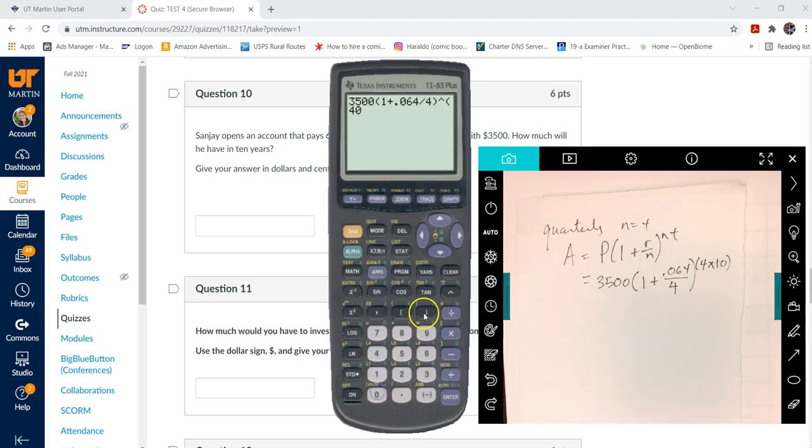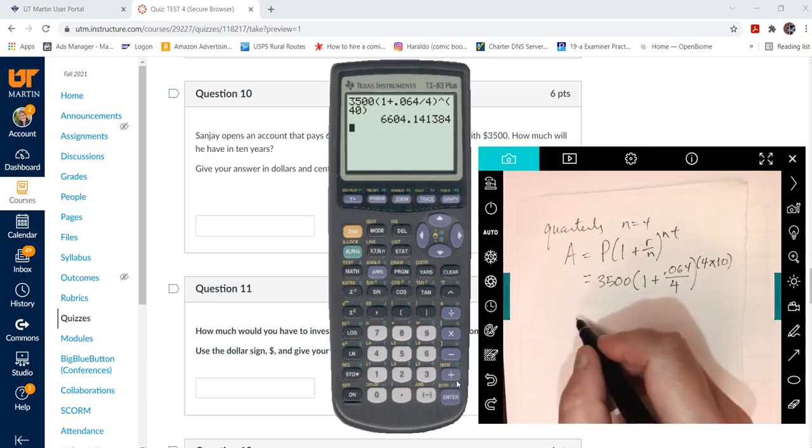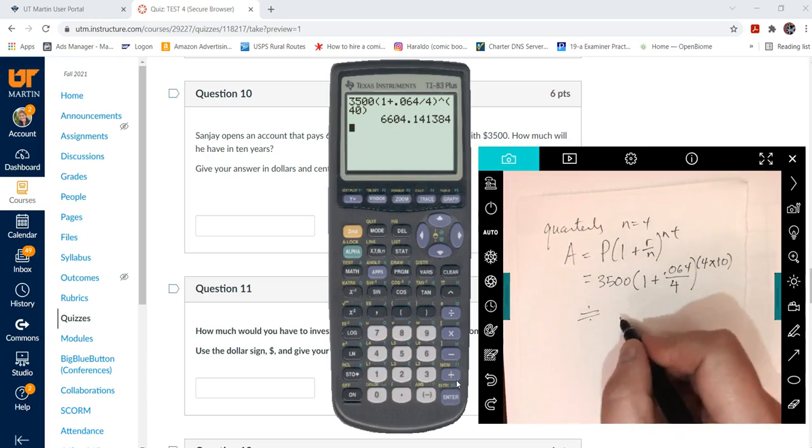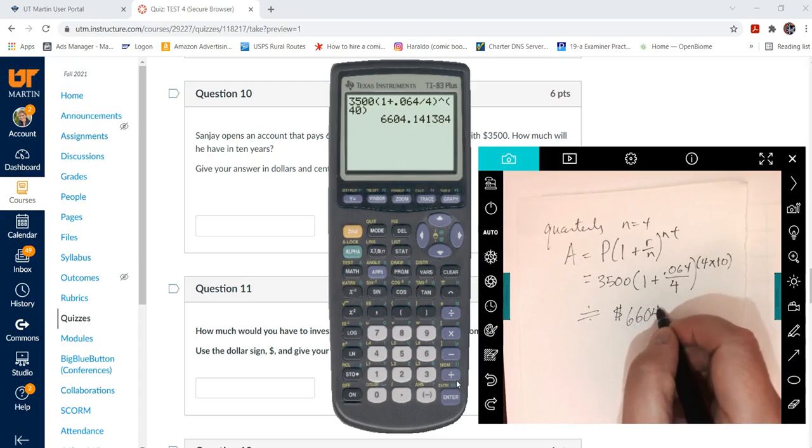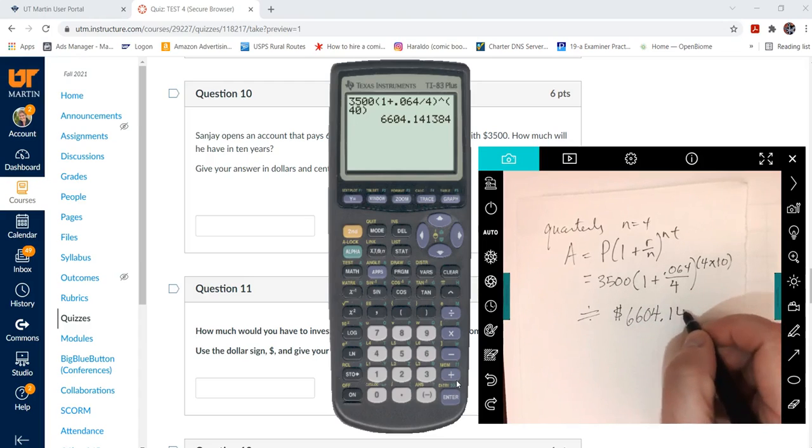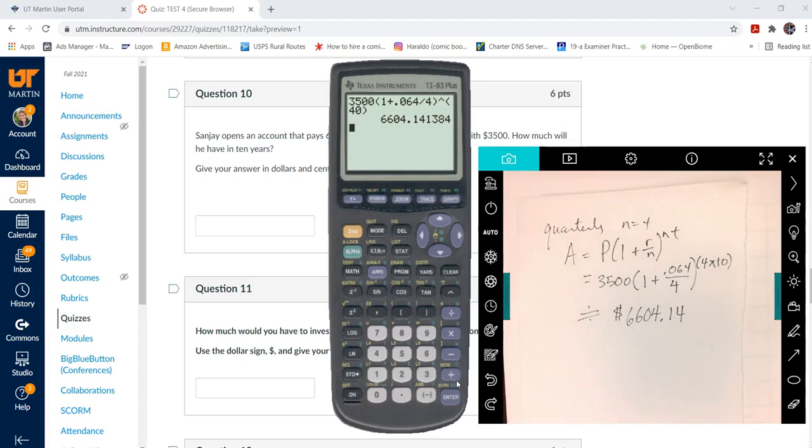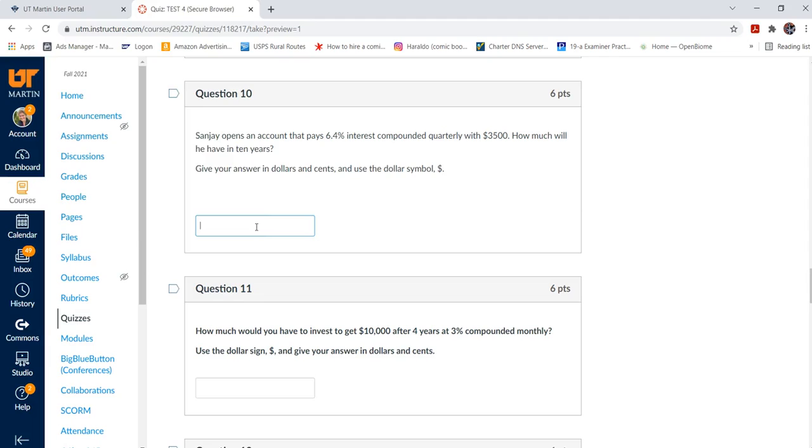I'm just going to put 40 in. Okay. And so at the very end, I'll round it to 2 decimal places because it's dollars and cents. All right. And use the dollar symbol.